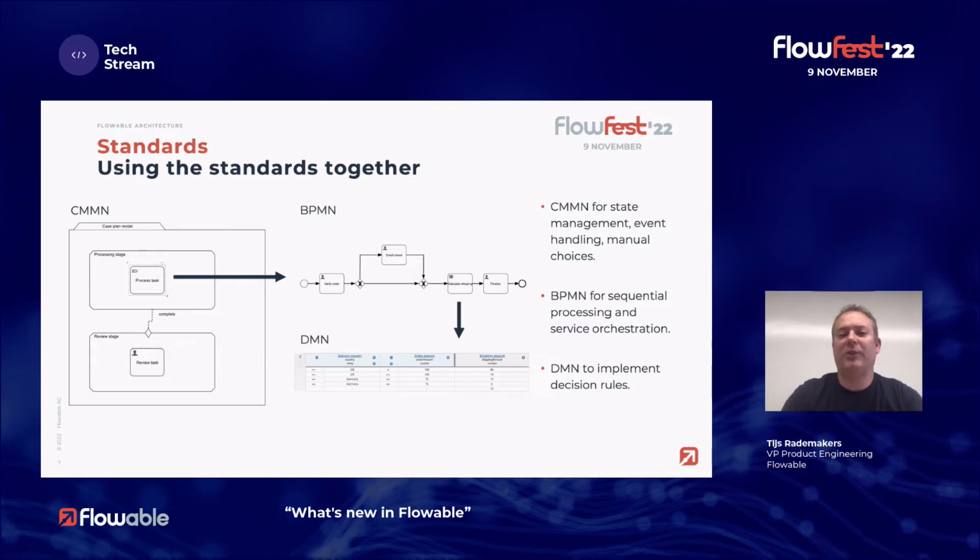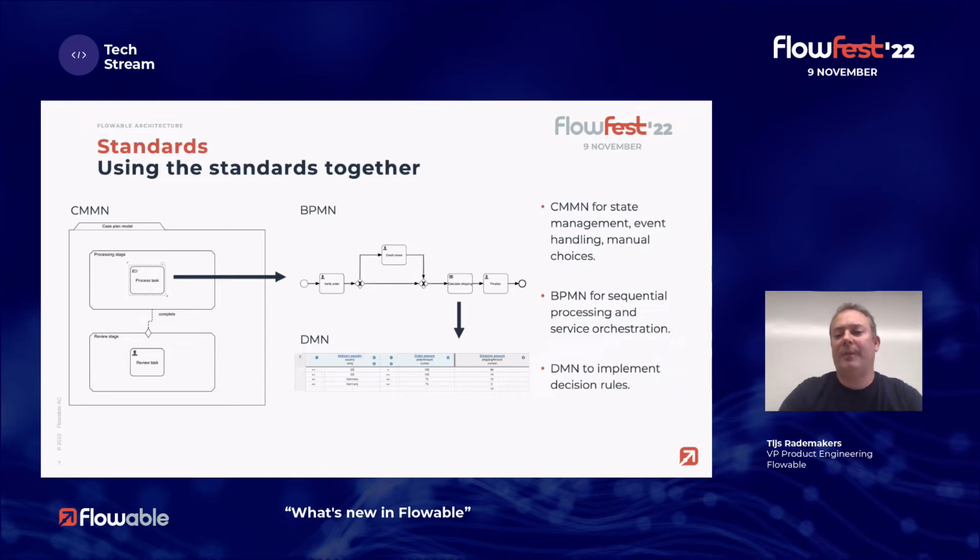So it's not only that you can invoke a process from a case. Like you see here in this example, there's a process task in CMMN. And when that process task gets activated, a BPMN process is started. That's the kind of bare bones integration that we have.